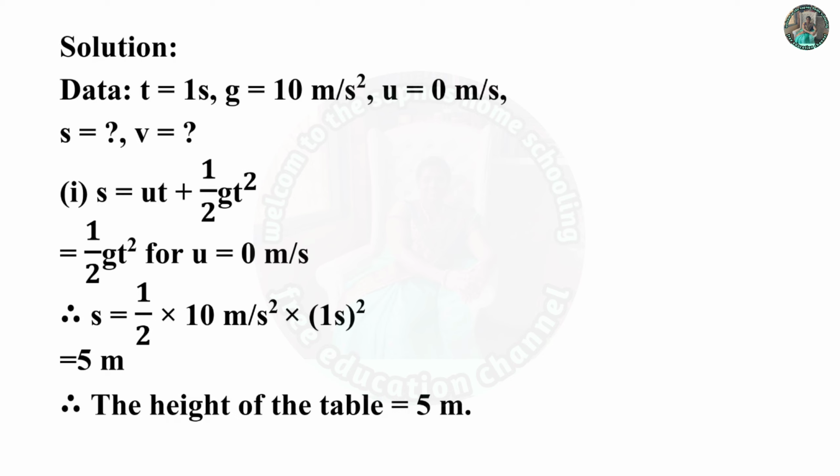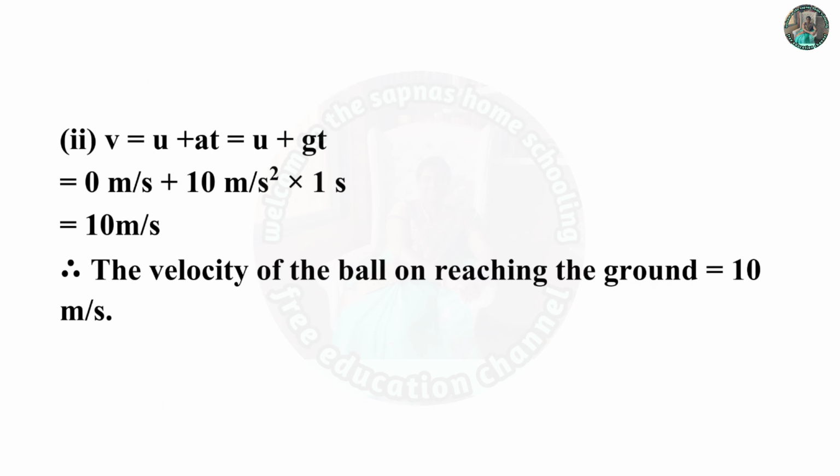First, s is equal to ut plus half gt square, is equal to half gt square for u is equal to 0 m/s. That's why s is equal to half into 10 m/s square into 1 second square, is equal to 5 meter. The height of the table is 5 meter. Second, v is equal to u plus at, is equal to u plus gt. So, 0 m/s plus 10 meter per second square into 1 second is equal to 10 meter per second.